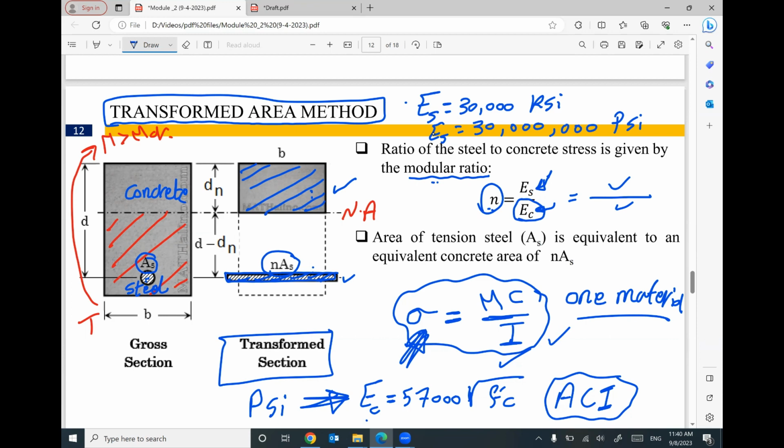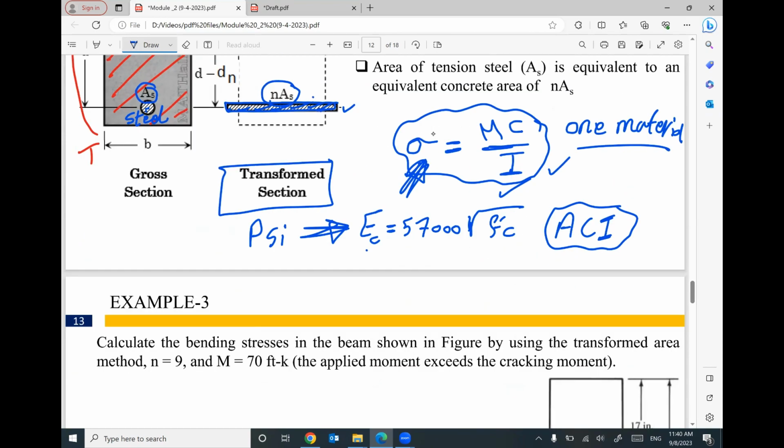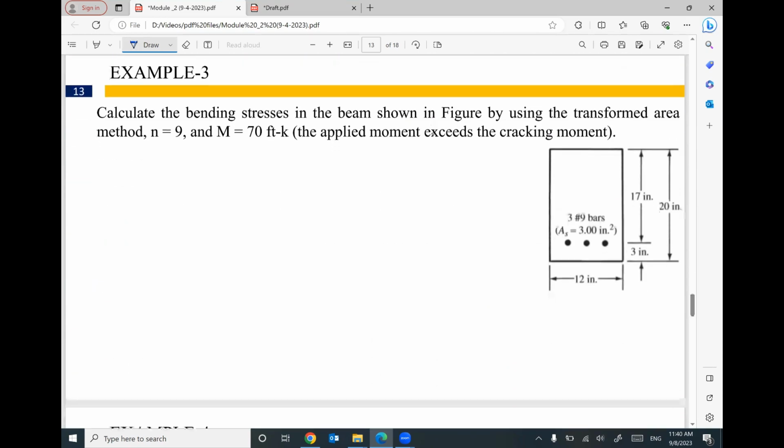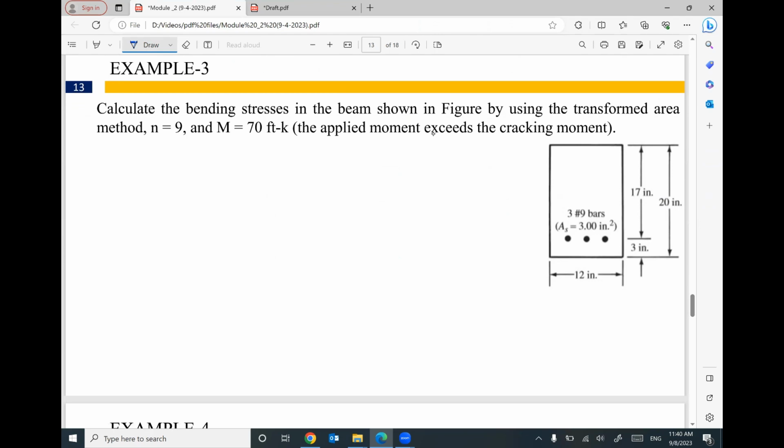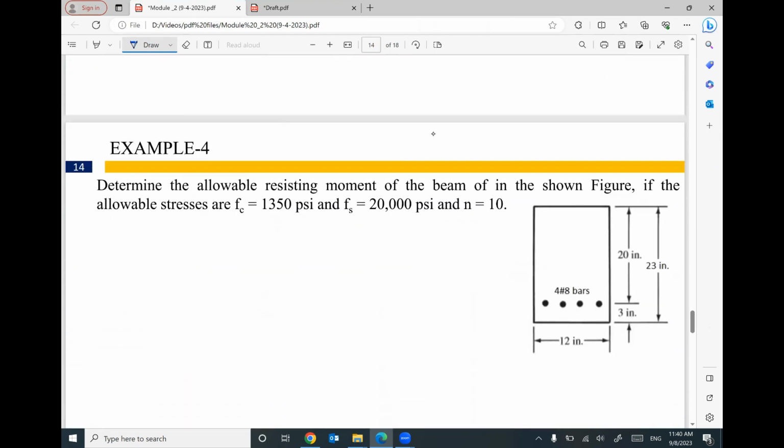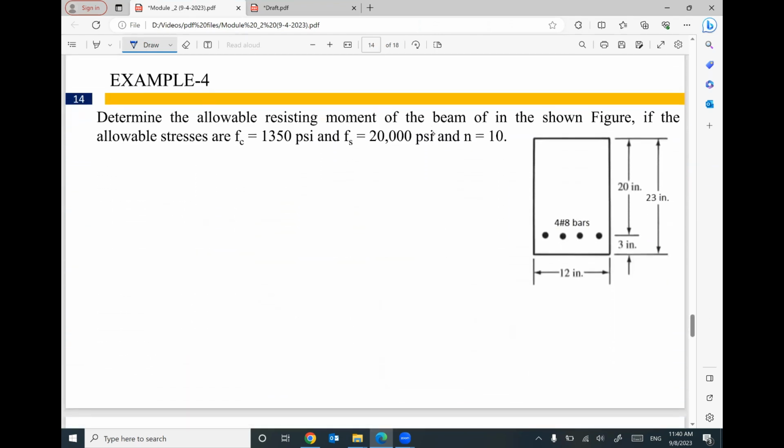Let's do an example on the transformed section method. Let's do this example, example 4.